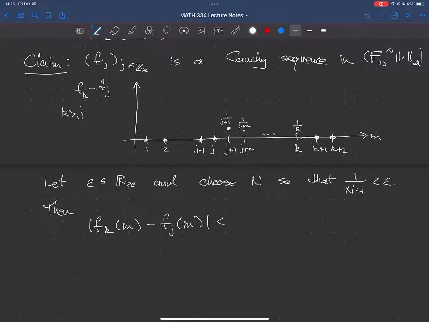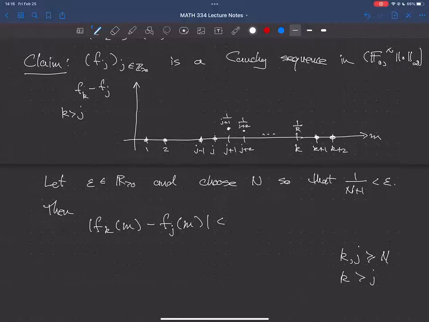And so here I'm going to be thinking about k and j greater than or equal to n, right? And so what that means is that 1 over j plus 1, which is this term, is going to be less than or equal to 1 over n plus 1, which is less than epsilon. Okay, and I'm also going to take, just as I did above, k to be larger than j.